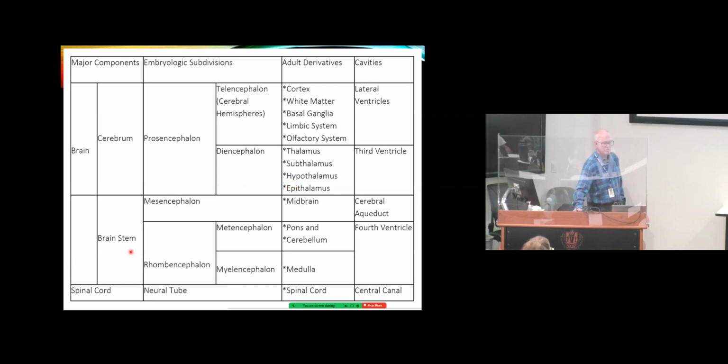In terms of the brainstem, embryologically, we have the mesencephalon, which is equivalent with the midbrain, so we can use those two terms interchangeably. And the rhombencephalon, which is divided into a metencephalon, which is the pons and cerebellum, and the myelencephalon, which is equivalent with the medulla.